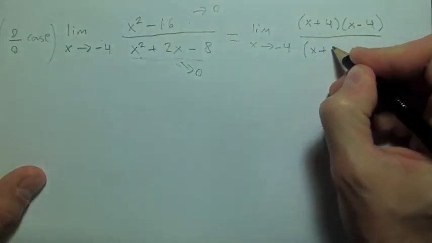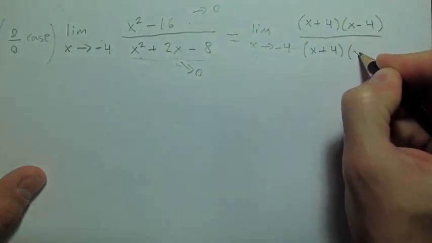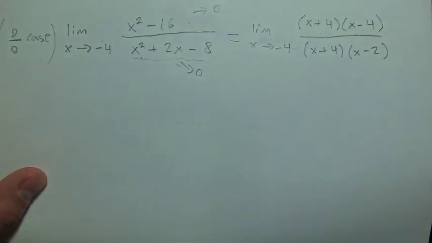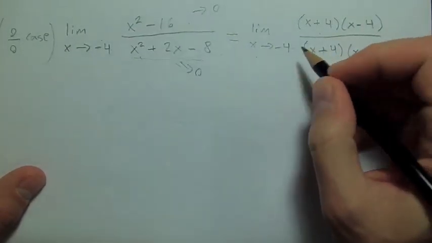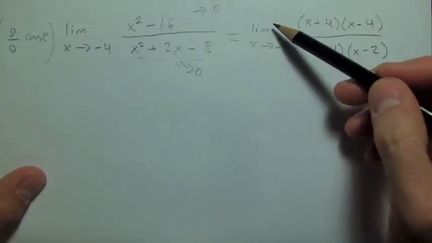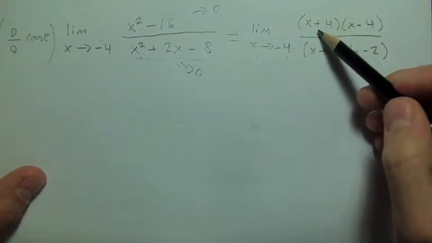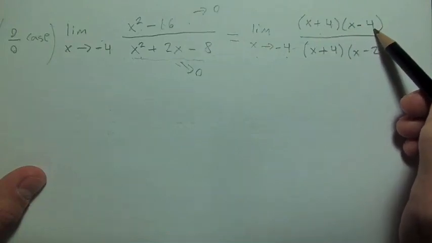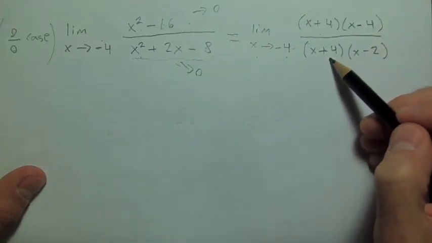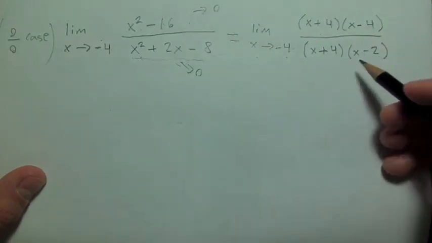So I'm thinking 4 and negative 2 will do that. Now I've changed my problem, so that's the limit as x goes to negative 4 of x plus 4 times x minus 4 all over x plus 4 times x minus 2.